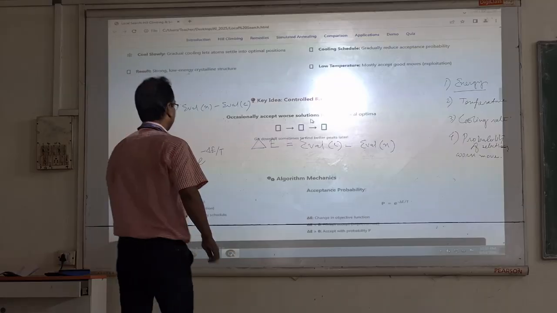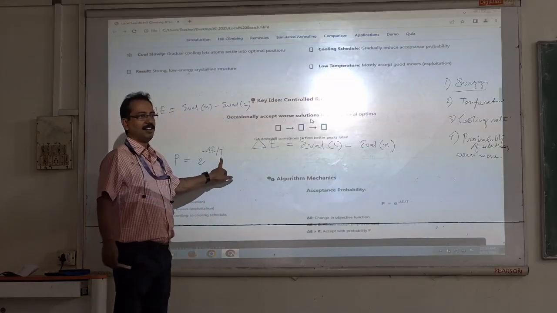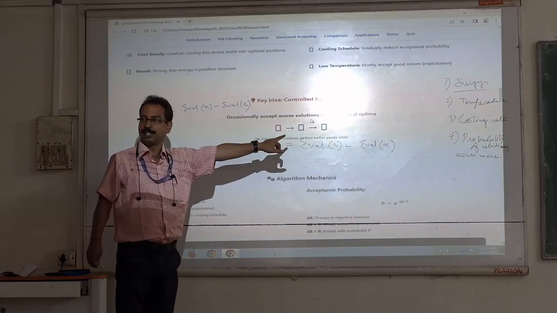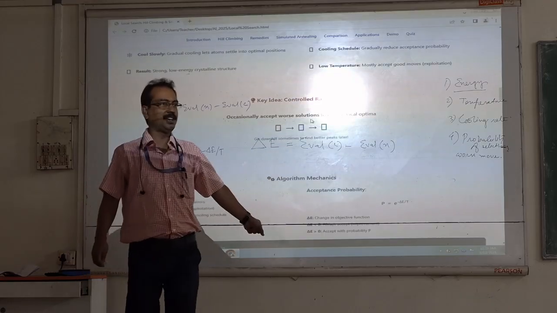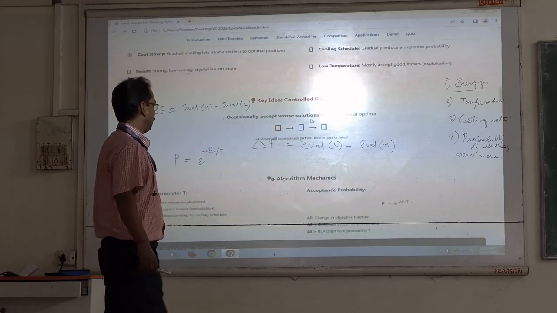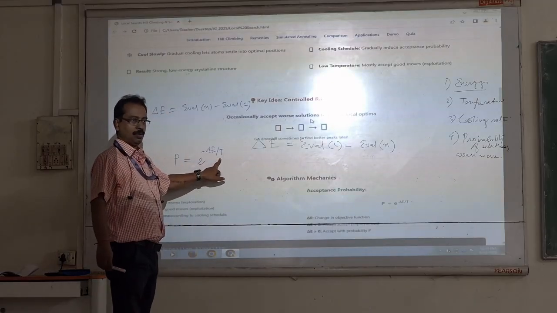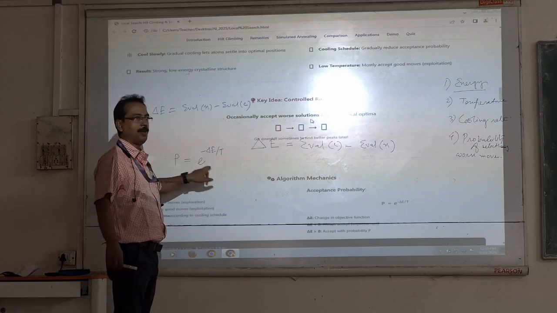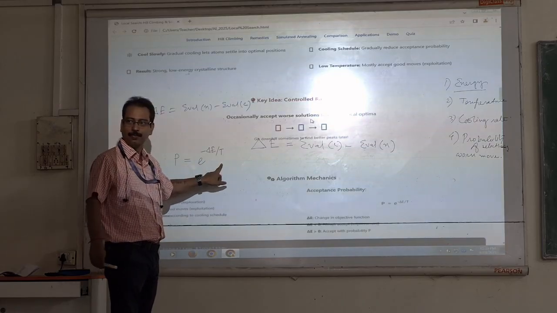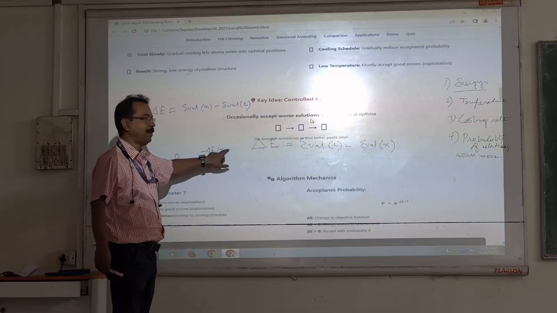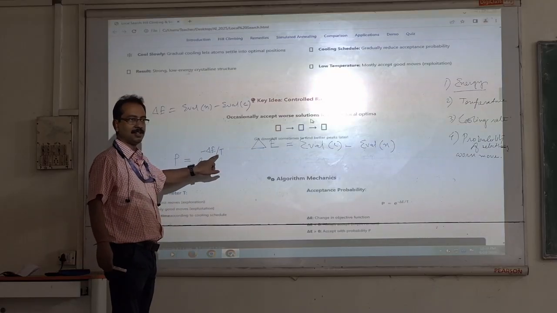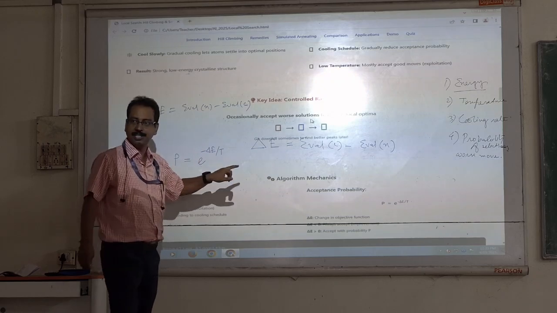So what is T? T is here the temperature. Why is it relevant here? Because this ratio will be higher whenever T is low, and this ratio will be lower when T is more.